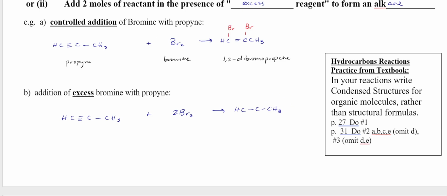Okay, and so I'm going to have bromines here and here, but I'll also have bromines here and here. So this is your propyne. This is your bromine. And this would be 1,1,2,2-tetrabromopropane.